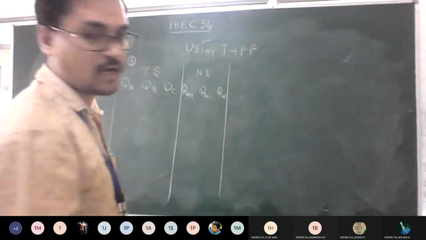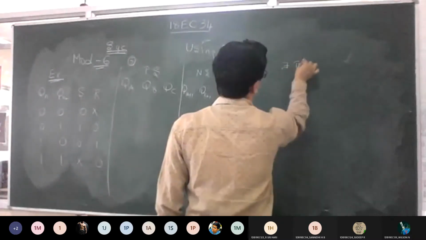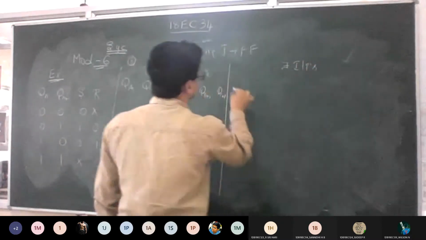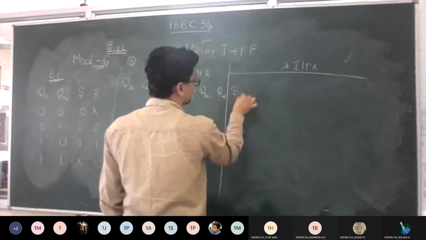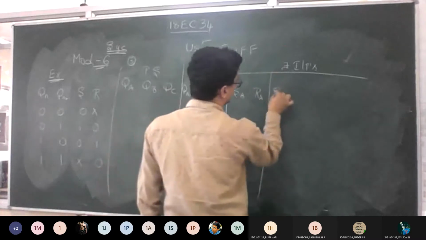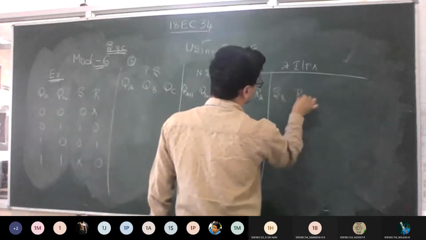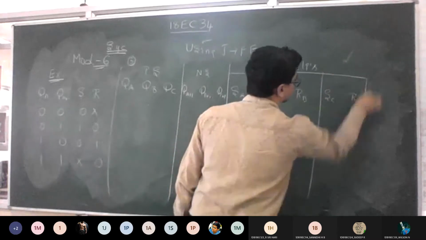Then you have to represent the flip-flop inputs. So for flip-flop inputs, how many combinations will you get? One is SA, RA, one category. Similarly SB, RB, and last is SC, RC.